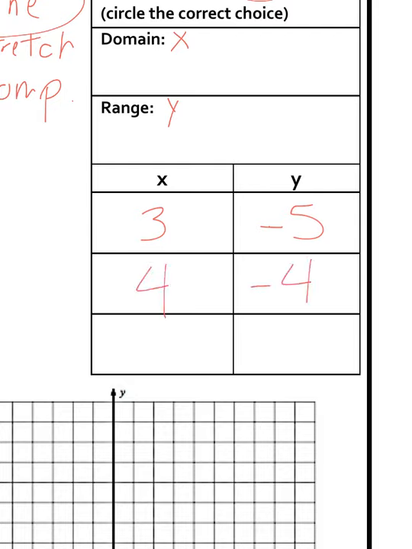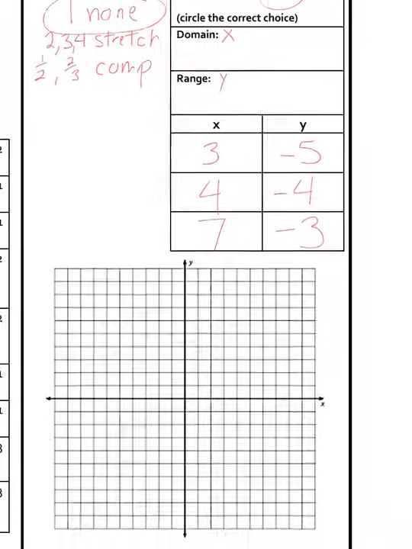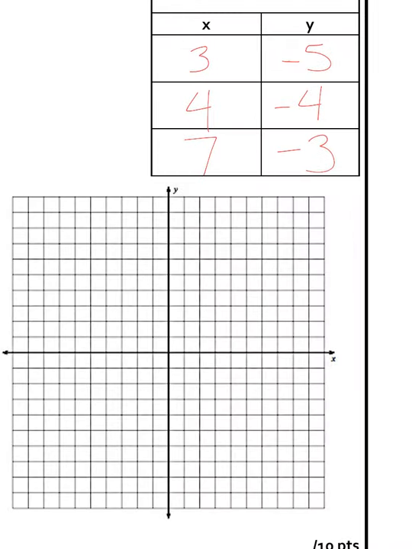We don't want any decimals because they're kind of hard to graph, so we're going to scoot on over to the 7, -3, which is whole number points. That's what we really want to see. And let's go ahead and get those 3 points graphed on our grid. 3, -5, 1, 2, 3, 1, 2, 3, 4, 5. Way down here. 4, -4 is very close to that.